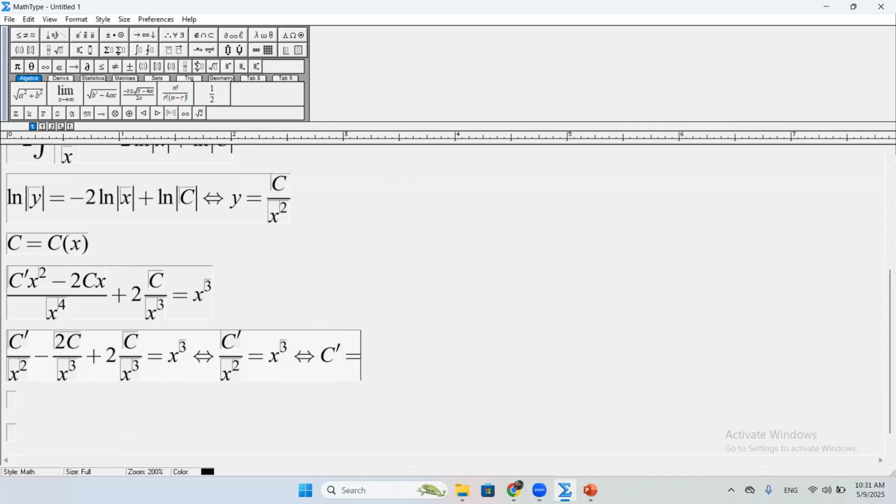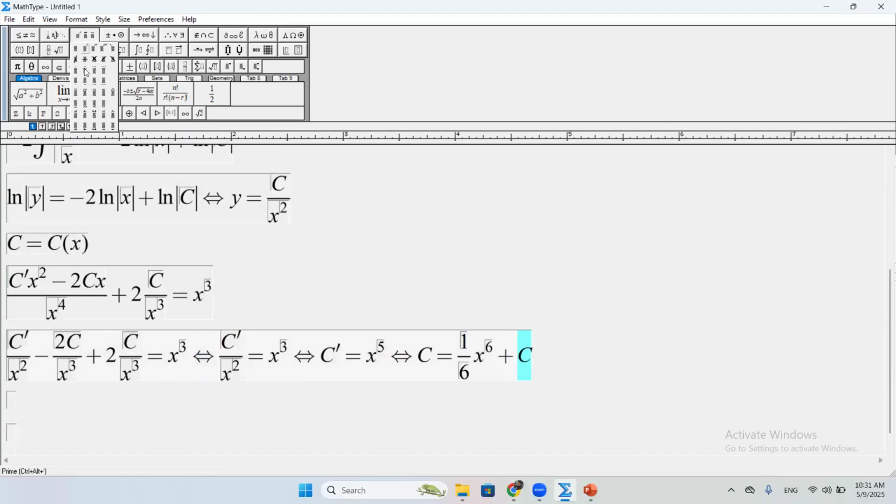So c prime equals x in power of 5. Then c equals 1 over 6x in power of 6 plus c. Let's add a wave here just to mark this as an arbitrary constant, not a function. And now we will substitute c into this expression.